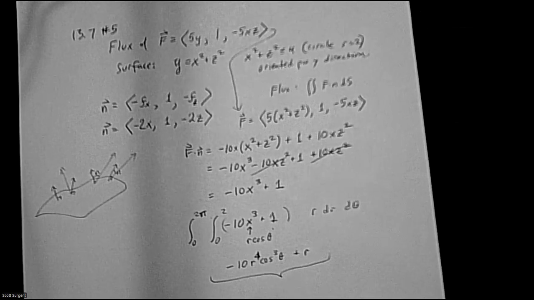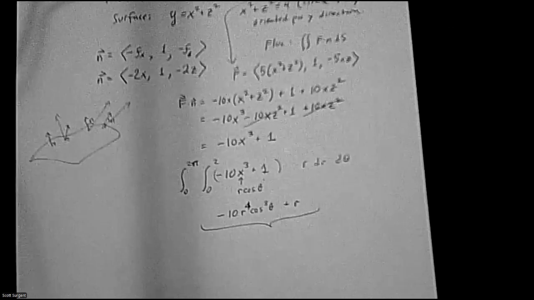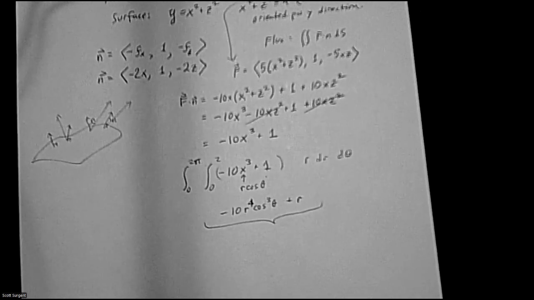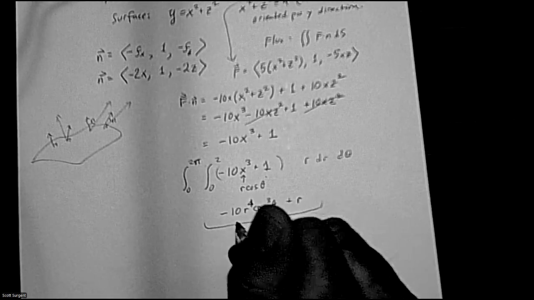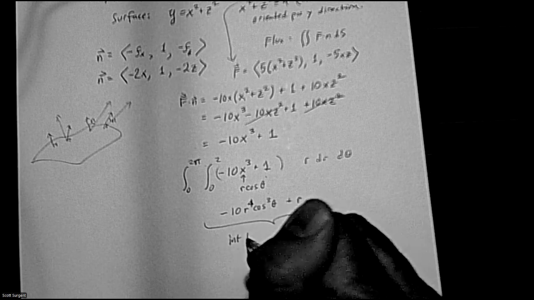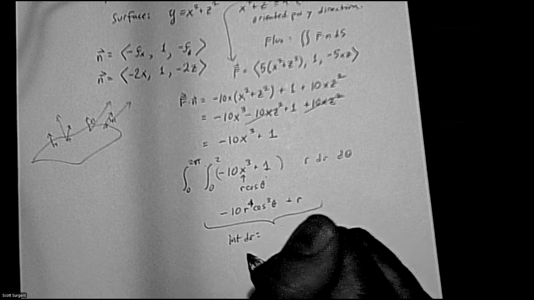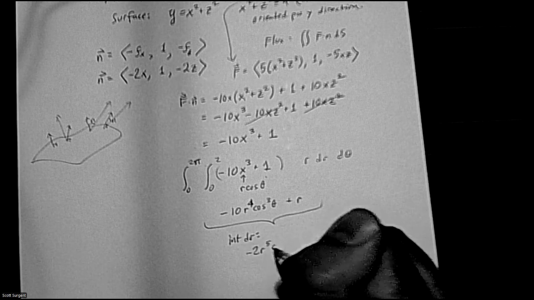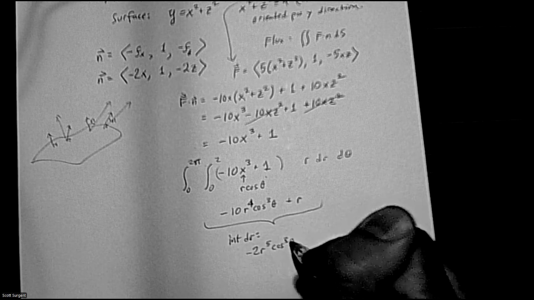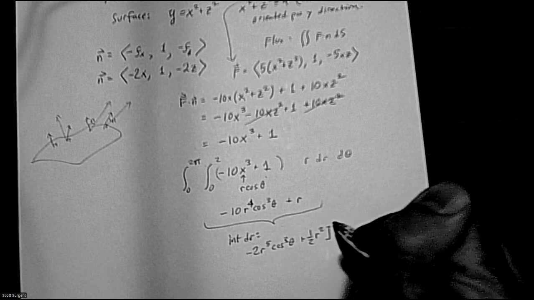So if I do the integral with dr, I'll just ignore the cos cubed for a moment. If I integrate dr, it's going to be a fifth power, so negative 2 r to the 5, with the cos cubed theta, plus 1/2 r squared from 2 to 0.